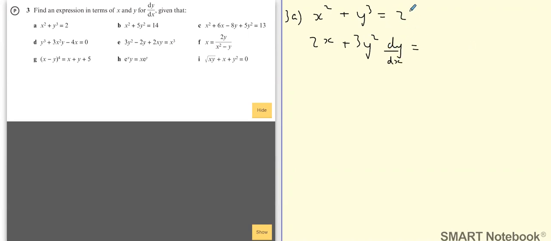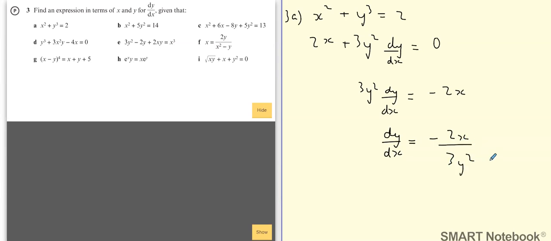When I differentiate 2, what do I get? 0. So this is it now. All I need to do is make dy by dx the subject. So 3y squared dy by dx equals minus 2x, and dy by dx is equal to minus 2x all over 3y squared. And that's my answer.